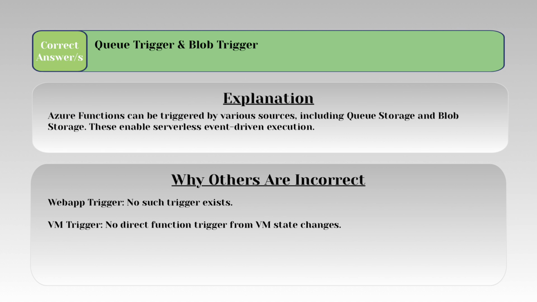Explanation: Azure Functions can be triggered by various sources, including queue storage and blob storage. These enable serverless event-driven execution. Why the other options are incorrect: Web App Trigger, no such trigger exists. VM Trigger, no direct function trigger from VM state changes.